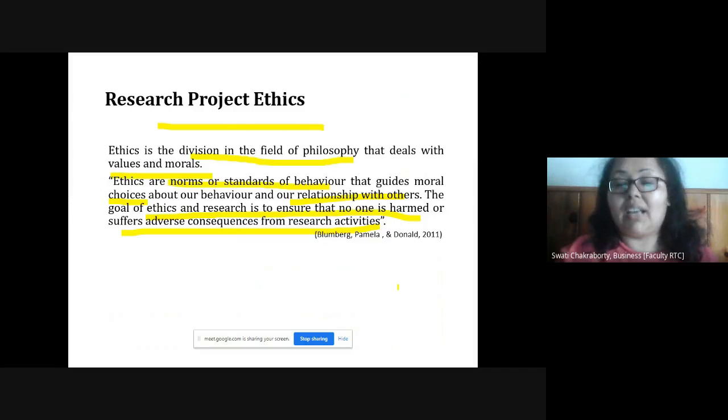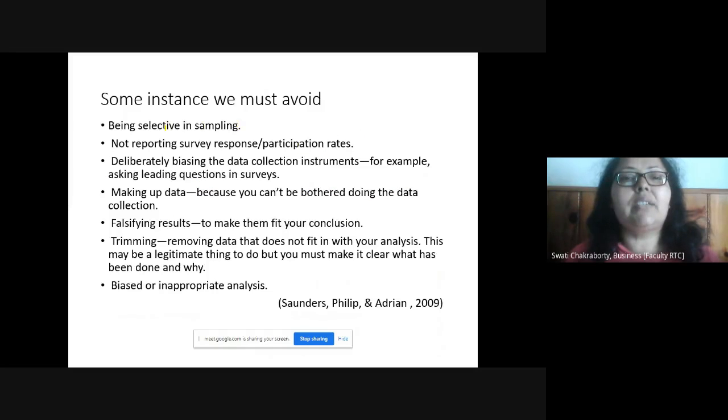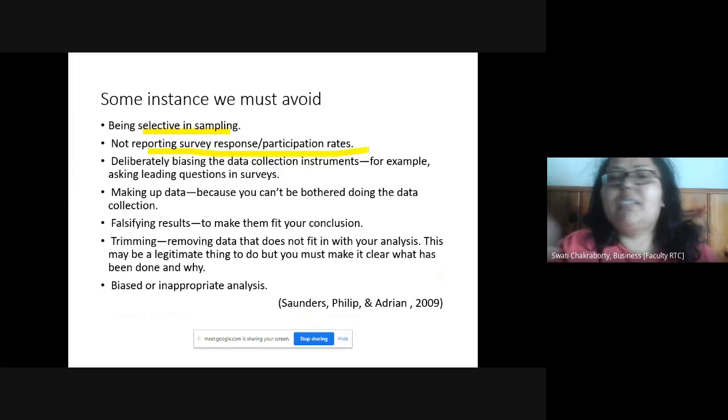Some of the things you should avoid are being selective in sampling. When you take a sample, it should be random. Not reporting survey response or participation rates is also something you should avoid. Then what happens?